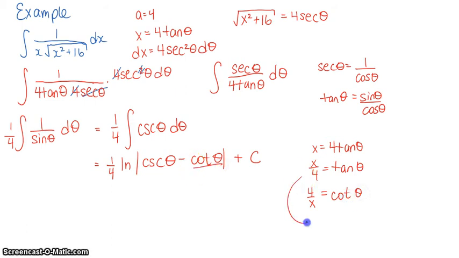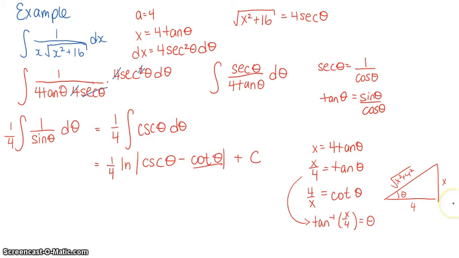So if we consider this here, to find the actual angle, we can use tan inverse of x over 4 is going to equal your theta. Then you can plug theta into your cosecant to figure out what the cosecant value is. If it helps you to look at a triangle, tangent just means opposite over adjacent. Opposite is going to be x, adjacent is going to be 4. That means when I square these and then square root it, I get this side here.